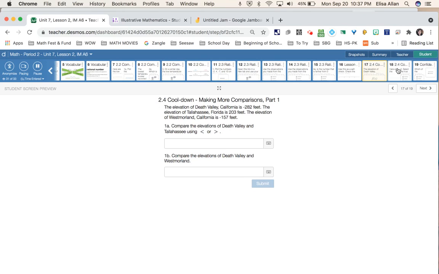What this means is that you're not going to be writing in Death Valley and Tallahassee. For example, you wouldn't say Death Valley is greater than, or less than. Instead, you would actually use the number for it. So here, negative 282, and then you would tell me is greater than or is less than, and tell me the other number that would make this a true statement, okay?